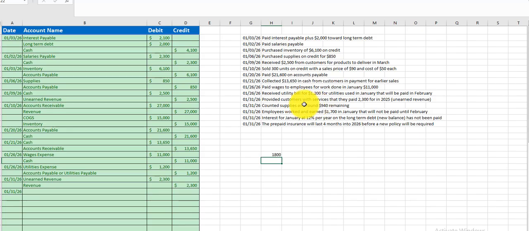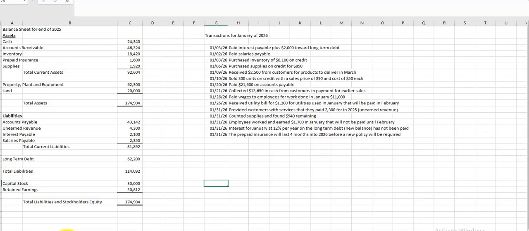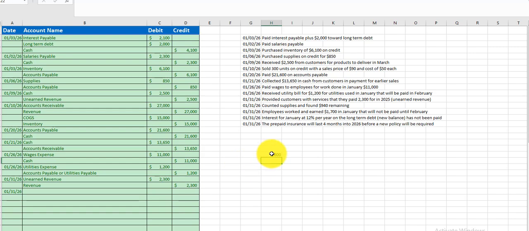Let's make sure I picked up the right numbers. 850 plus 1920. Yep, 2770 is how much we had, and we have left over 940. That means we used, and used up asset becomes an expense. So used supplies become supplies expense. So supplies is an asset until it gets used, and it becomes the supplies expense.